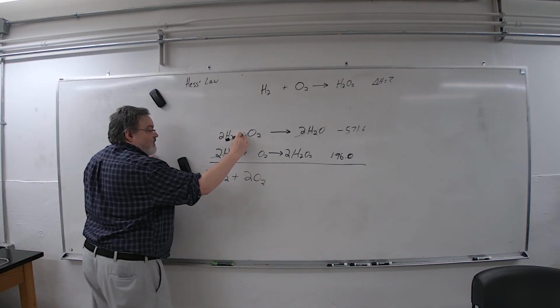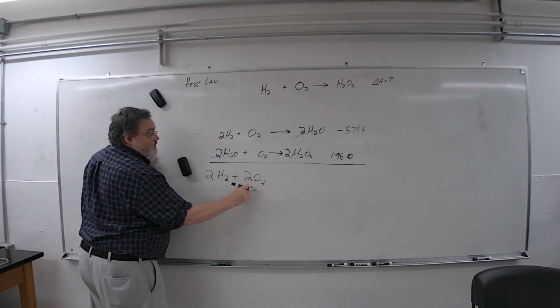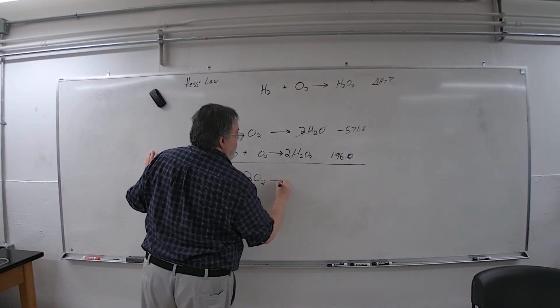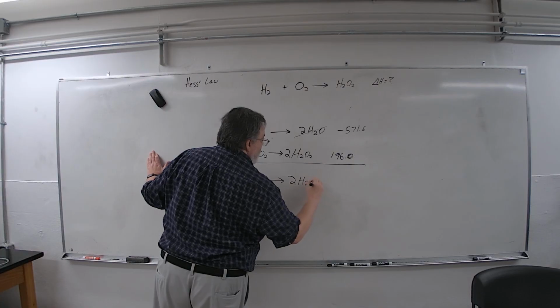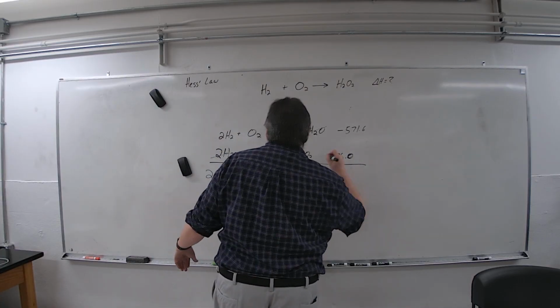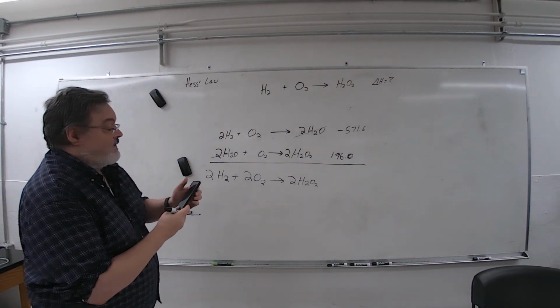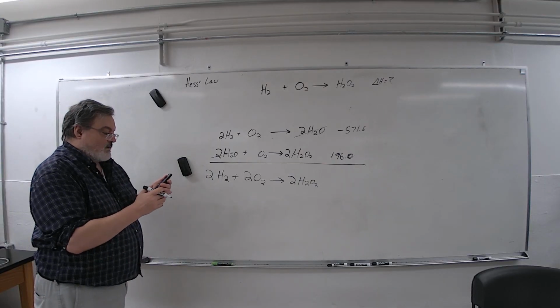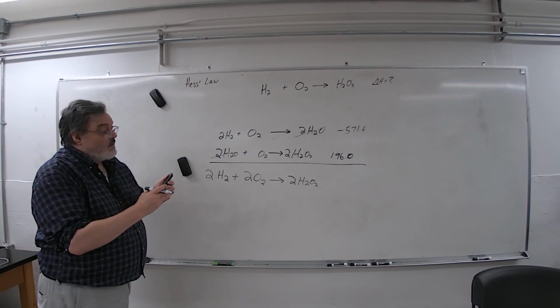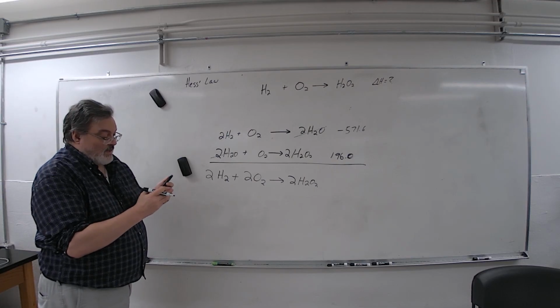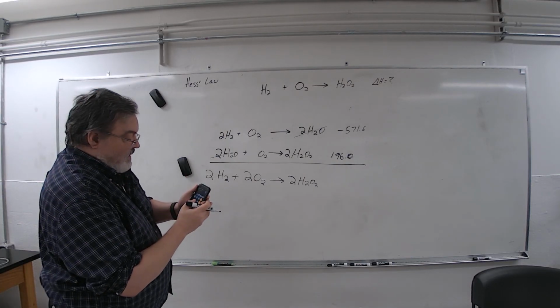I've got one O2 and another O2, so I've got 2 O2 here. And then 2H2O2. And then if I add those, 571.6, make it negative, plus 196.